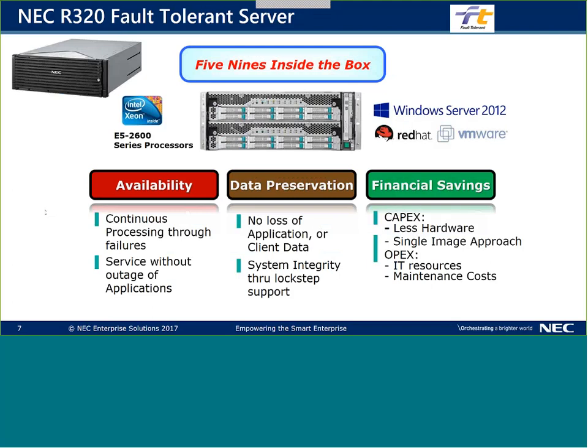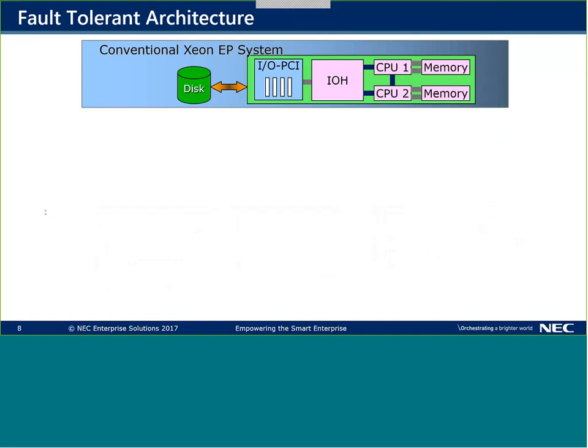And what we do here with the fault-tolerant servers, we actually are able to deliver 5 nines within the box. And the way we do that is via the fact that the R320 is actually 2 blade servers in 1 chassis. And these 2 blade servers, as you'll see, operate in tandem to provide 5 nines.